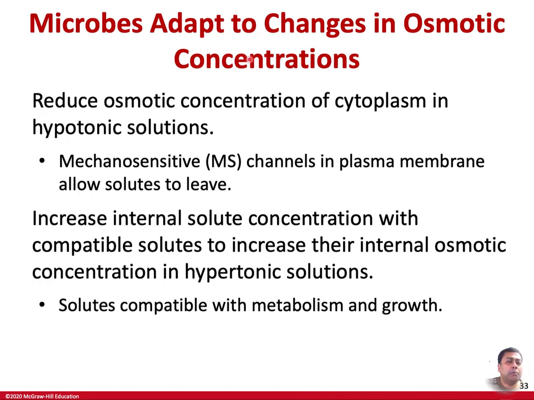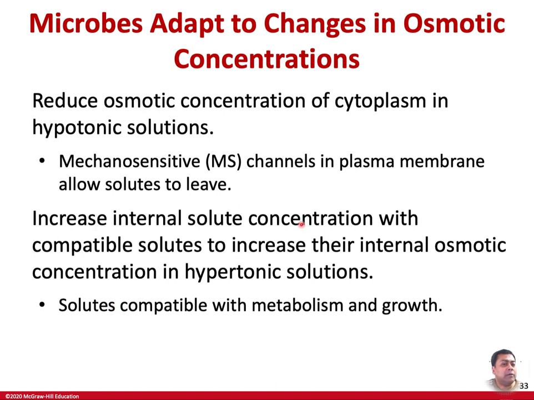Microbes can also adapt to changes in the osmotic concentration. They can reduce the osmotic concentration of the cytoplasm in a hypotonic solution, and mechanosensitive channels in the plasma membrane allow the solutes to leave. So this is another way that bacteria can fight the environment.